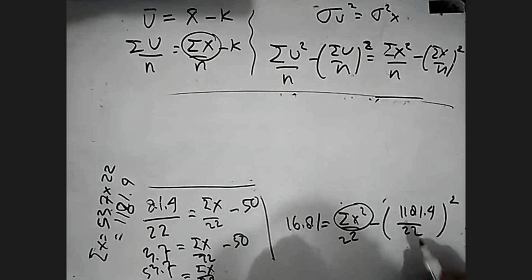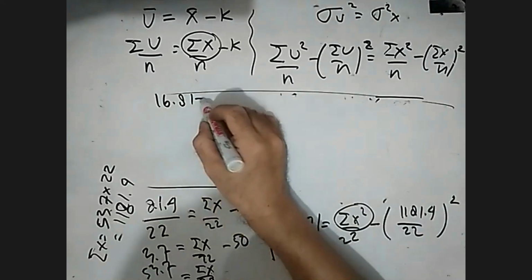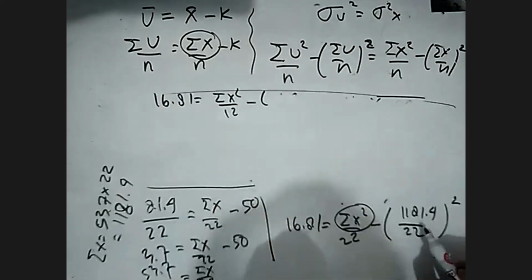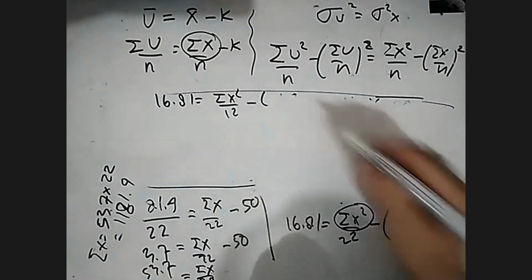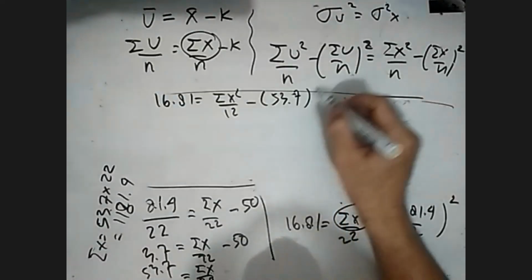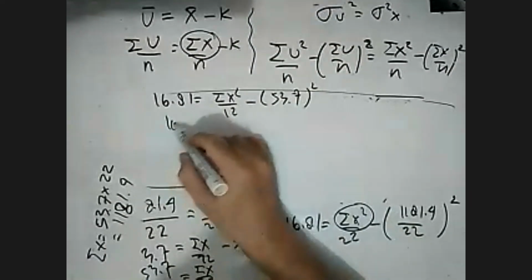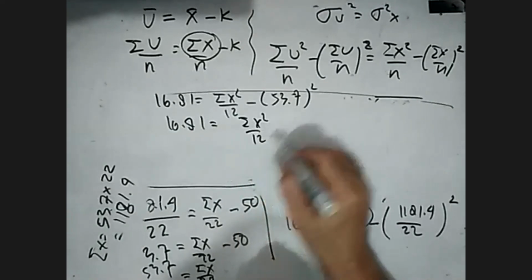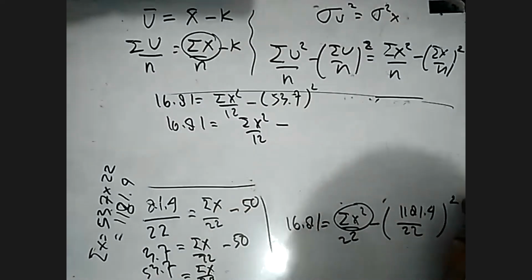Always calculate things in the bracket first. 16.81 is sum x squared over 22 minus, Andra, what is 1181.4 over 22? 53.7. Good. Next, let's square them. What is 53.7 squared?